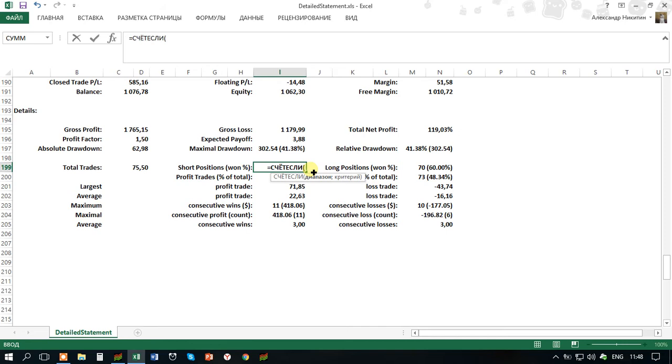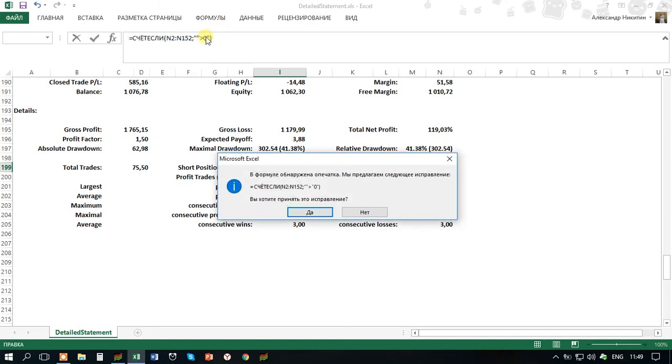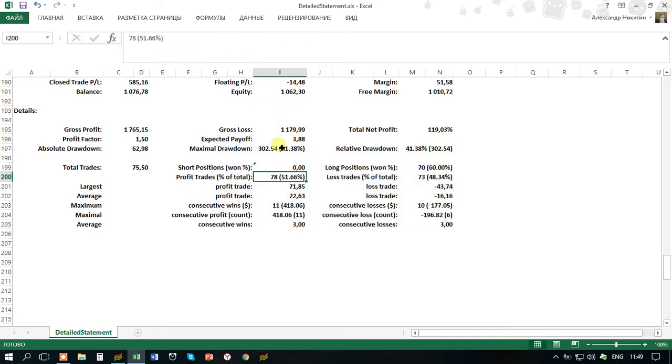Count the number of trades if they are more than 0, starting from N2 towards N152. Yes, and the criteria is more than 0. Okay, done. Sorry. The criteria is more than 0. Oh, come on, what is it? Double quotes here. More than 0, like this. It should be in between the quotes.